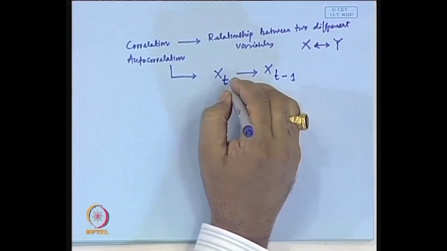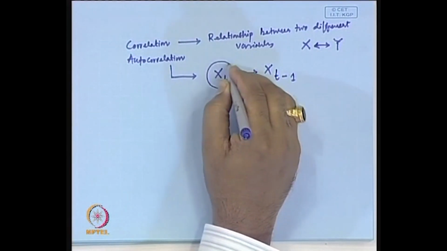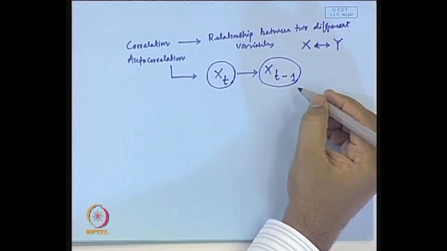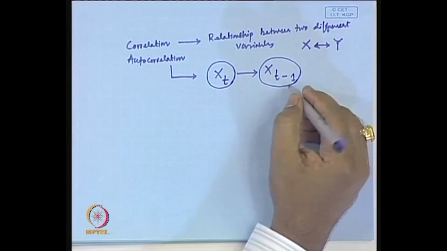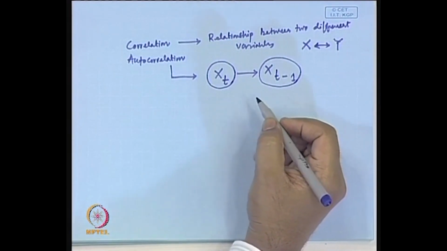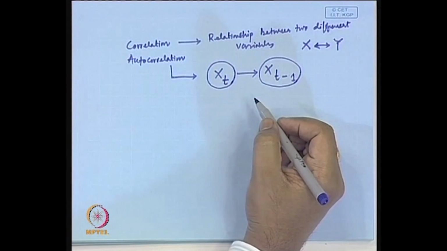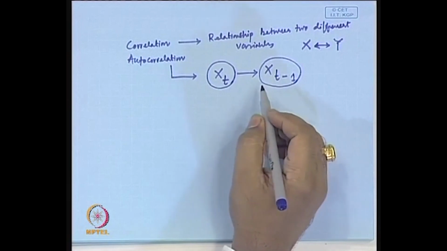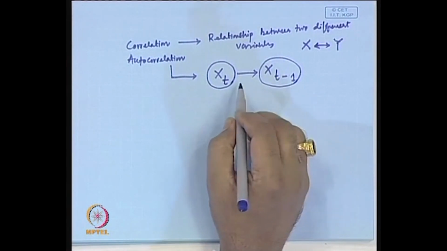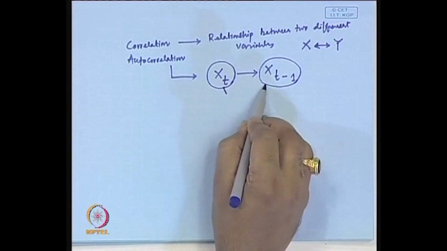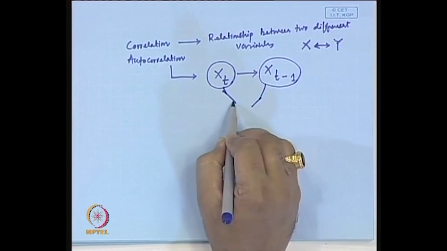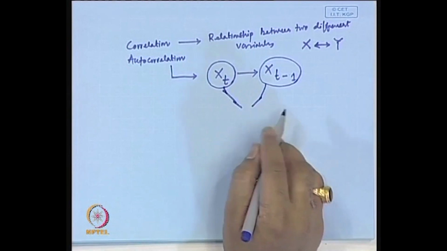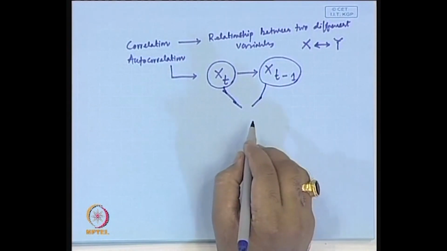That means we test whether x t is related to x t minus 1, that is, whether there is any relationship between the lagged value and the current value of that particular variable. If that kind of relationship can be established, then we can conclude whether the market can be forecasted for the future or not.